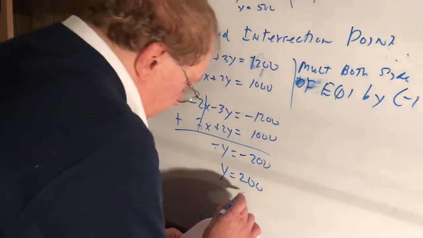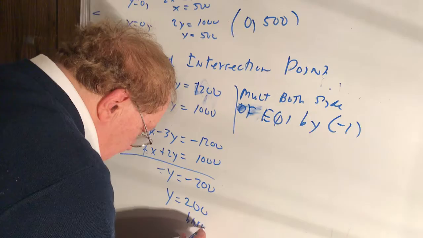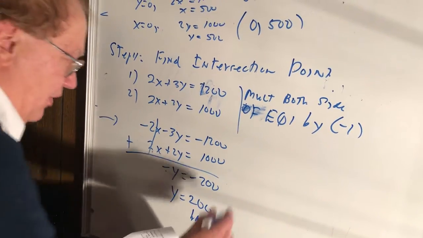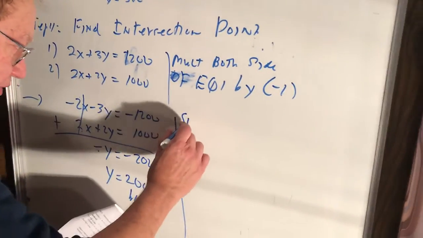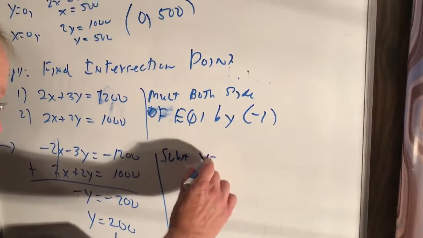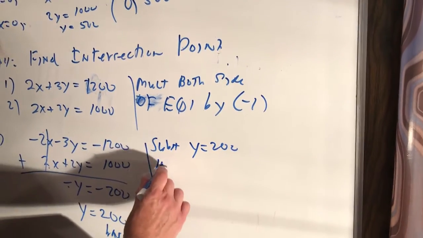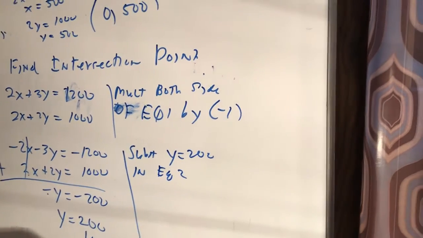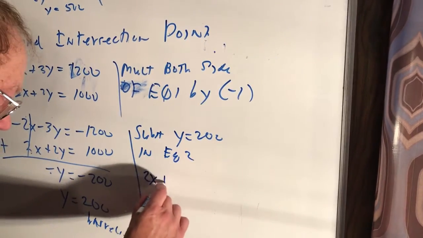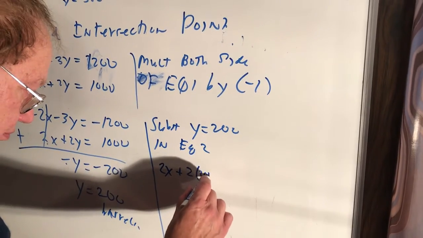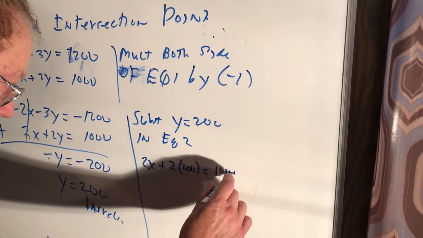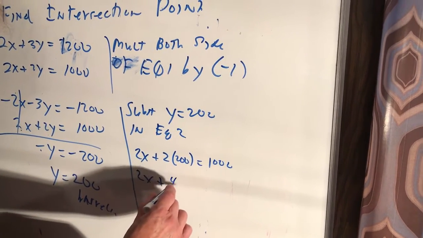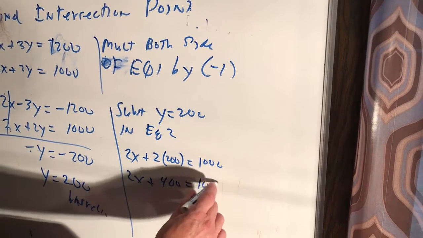That's 200 barrels, and that's of lager, I believe. So now to find x, I'm going to substitute y equals 200 in equation 2. So 2x plus 2 times 200 equals 1,000. 2x plus 400 equals 1,000.